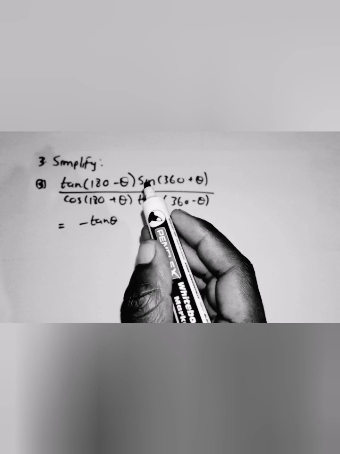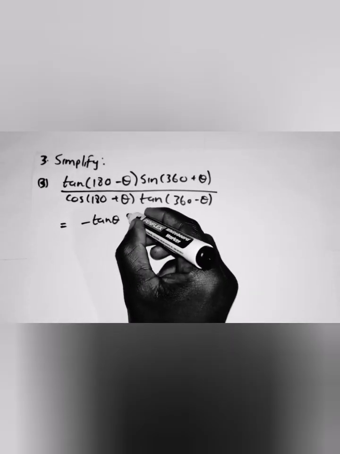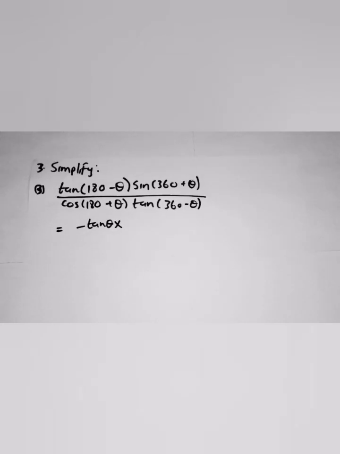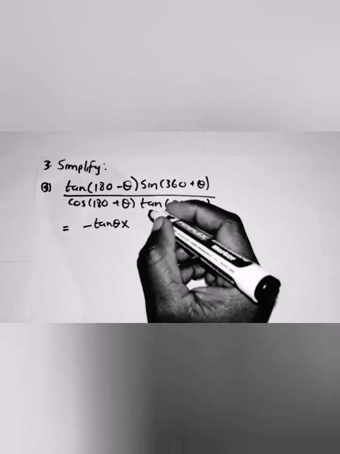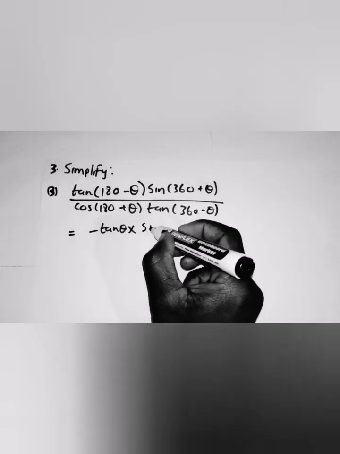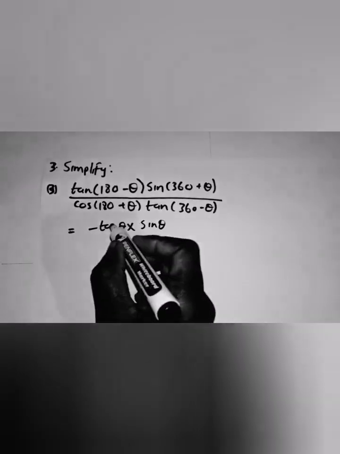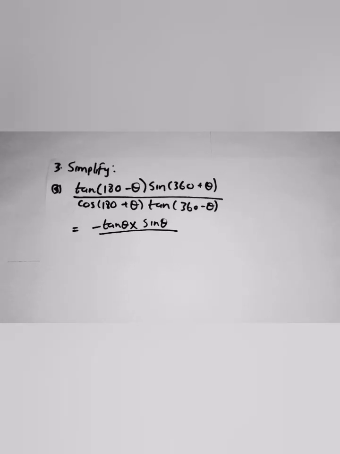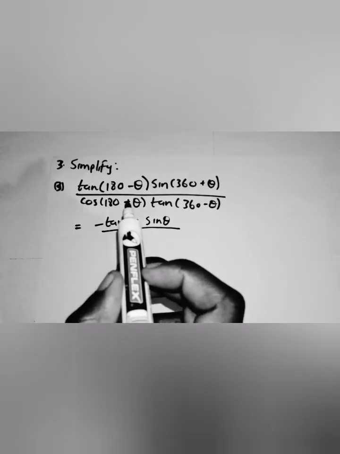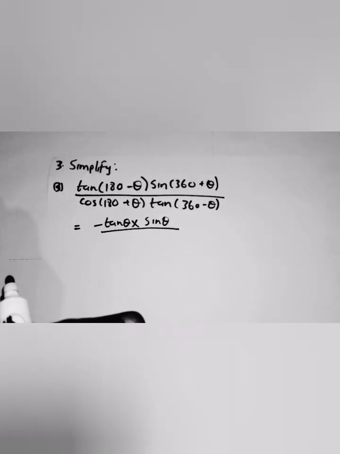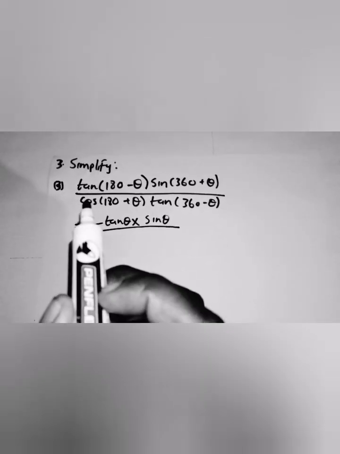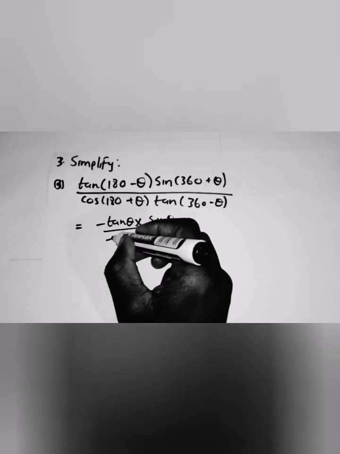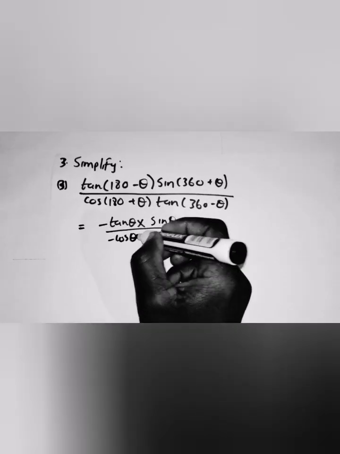It means that sine there is what? Positive, because all three ratios are positive. 360 plus is on the first quadrant, therefore we have the positive sine theta. Then over cos 180 plus, 180 plus is on the third quadrant, and cos in the third will be negative because it's in the quadrant which it doesn't belong to. Now we have what? Negative cos theta.